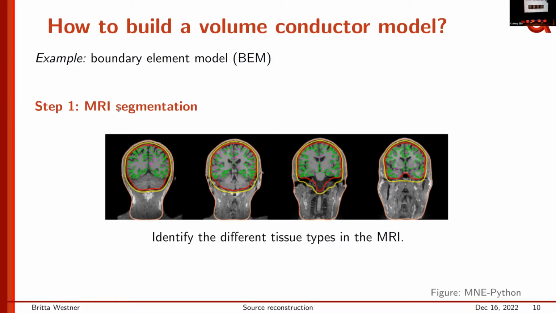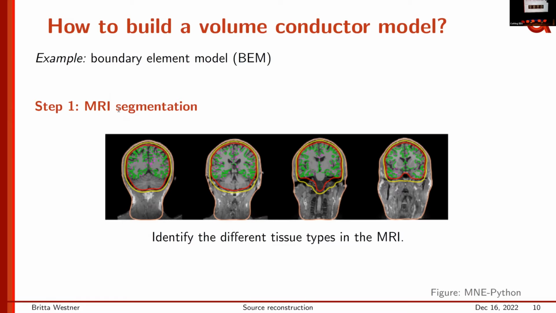We would have a layer for the whole brain, for the skull, and then around it all, one layer in this peachy tone for the skin. And segmentation means that we identify those different tissue types in the MRI with algorithms that can do that, usually based on contrast values in the MRI.